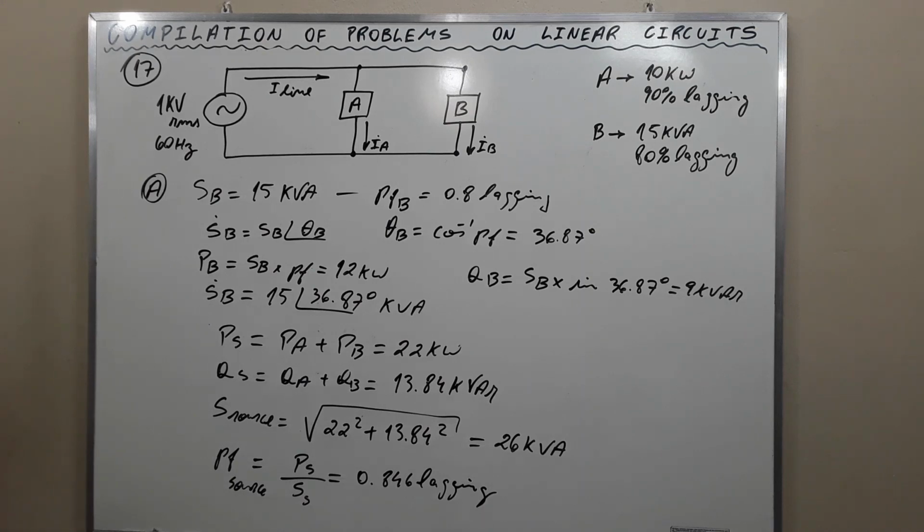And our conclusion is that both loads A and B have lagging power factors. They consume reactive power. If one of the loads had a leading power factor, it would be supplying part of the reactive power consumed by the other loads.